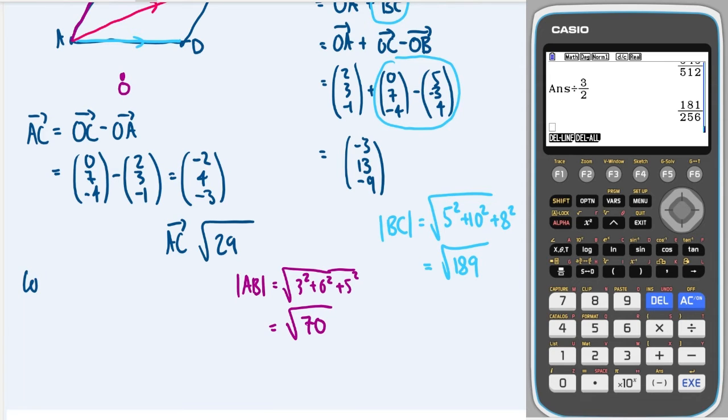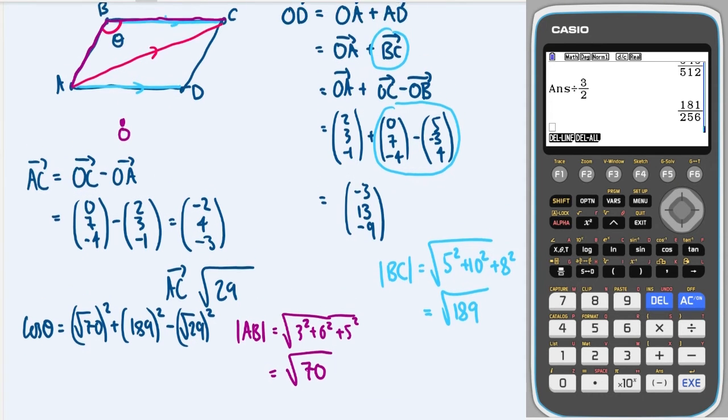So the cosine rule, cosine theta will equal root 70 squared plus root 189 squared minus the side opposite, which was root 29, AC.